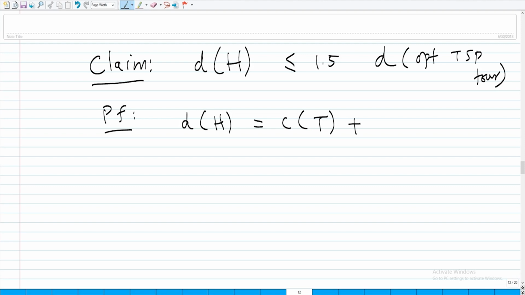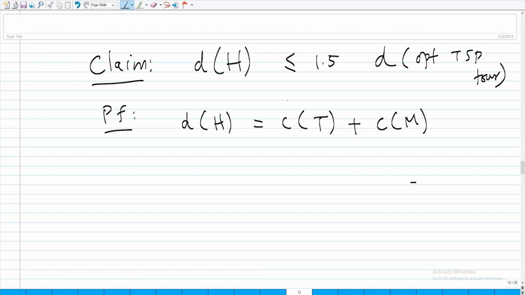The Hamiltonian cycle cost is less than or equal to the Euler tour cost because of the triangle inequality, and this Euler tour cost is exactly the cost of the minimum spanning tree plus the cost of the minimum weight perfect matching on the odd degree nodes.